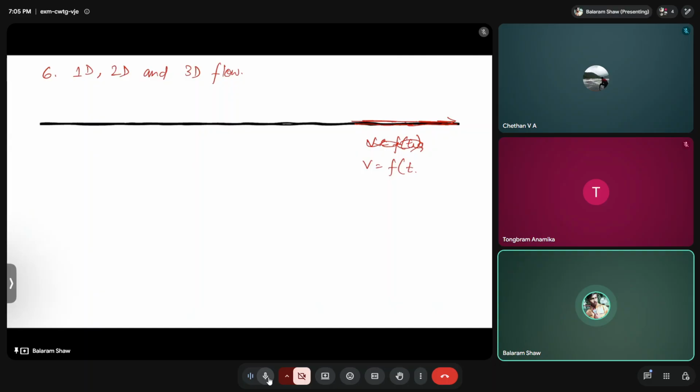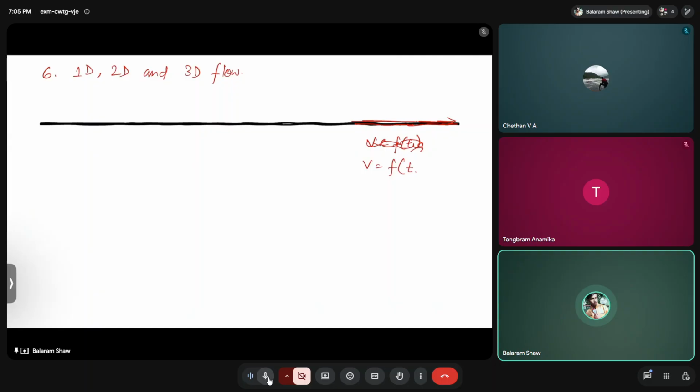The velocity for three-dimensional flow will be written as, let's say u is the velocity component in the x direction, then it can be written as f1 of x, y, z and time. v, the velocity in the y direction, can be written as some other function of x, y, z and t, and w will be written as some other function of x, y, z and t.